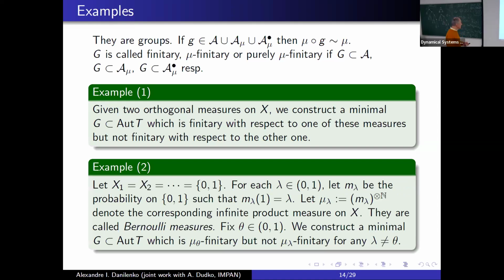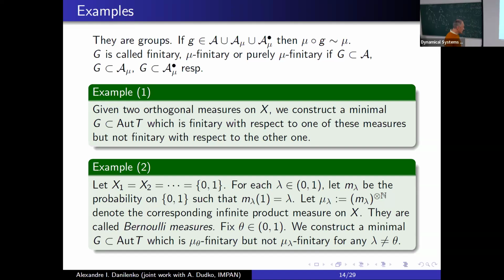And in example 2, in the situation when X1, X2 and so on are simply {0, 1}, then for every lambda it is possible to construct the so-called Bernoulli measure, the infinite product of m_lambda with itself infinitely many times, where m_lambda is just a measure which gives measure lambda to 1 and 1 minus lambda to 0.